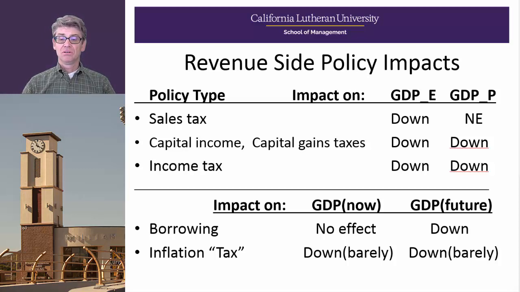So I wrote this a little bit differently, GDP now, GDP future. Let's talk about borrowing first. Borrowing doesn't really have an initial effect, but in the future, and I'll talk more about this later, government borrowings, government debt is generally retired in the medium and long run through tax rates going up, but in the future is typically how it's done.